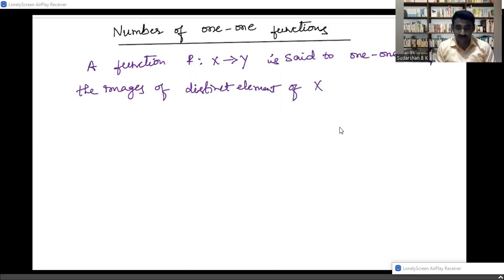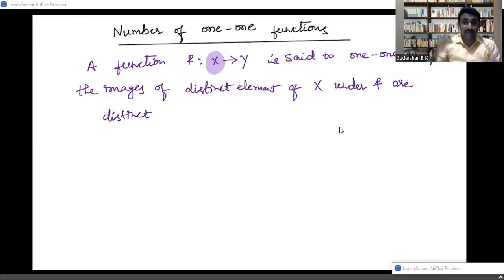So X is a domain, no? Distinct elements of the domain under the given function f are distinct. Okay. So distinct elements of X have distinct images in their codomain, set Y.